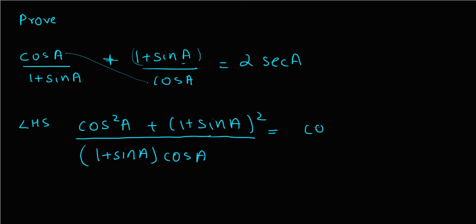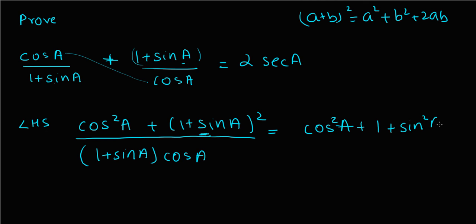Now this will be cos square A. I will expand this using the formula (A plus B) whole square, which is A square plus B square plus 2AB. So this would be 1 square, which is 1, plus sine square A plus 2AB.